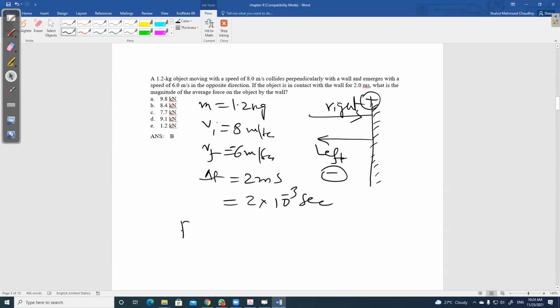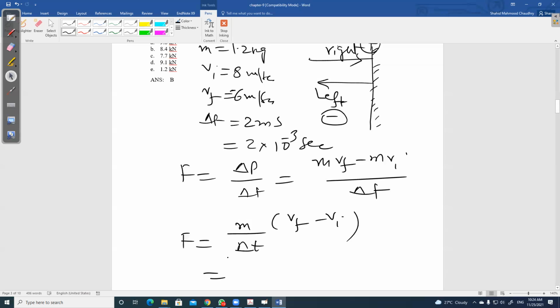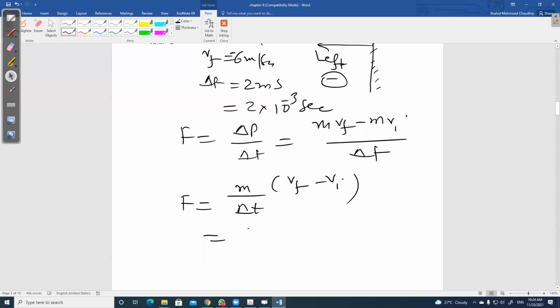The average force is delta p over delta t, which is equal to m vf minus m vi over delta t. M is common, so it is m over delta t times vf minus vi. M is 1.2 divided by 2 times 10 to the minus 3.